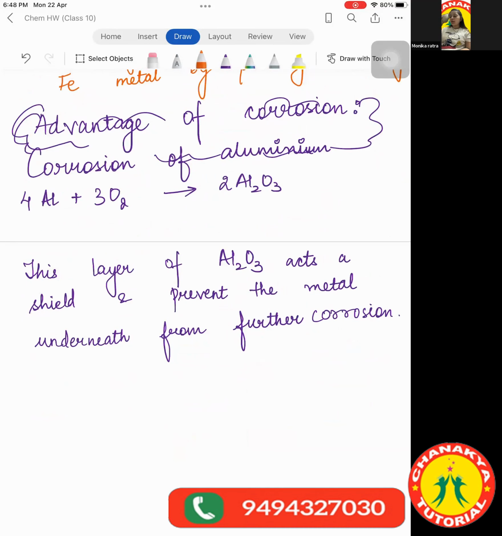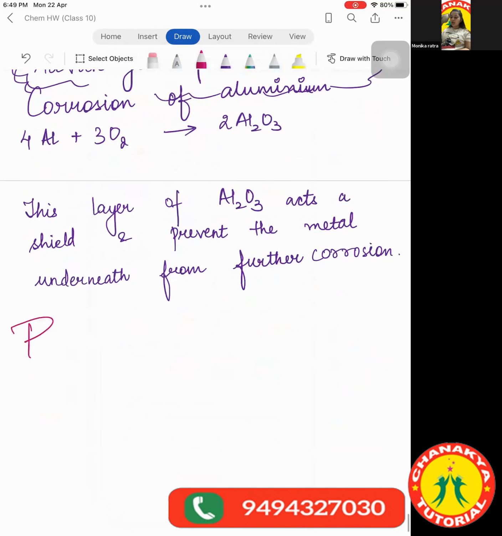Now we will come to our next and the final topic of the chapter. Again, this is a type of oxidation which you come across in your everyday life. What is rancidity actually?